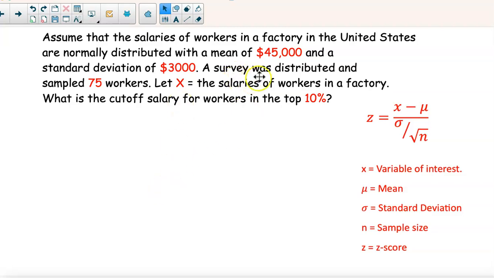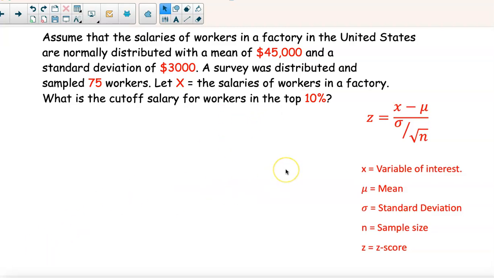A survey was distributed and sampled 75 workers. Let X be the salaries of workers in a factory. What is the cutoff salary for workers in the top 10 percentile?